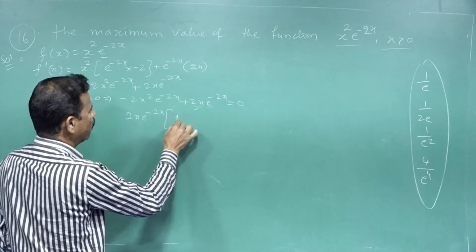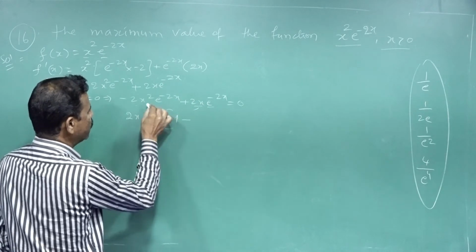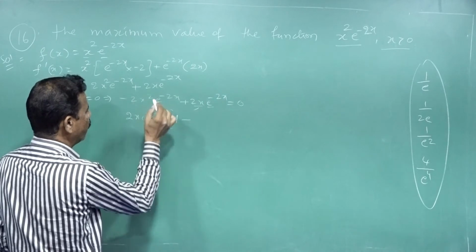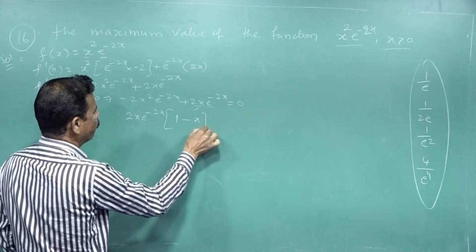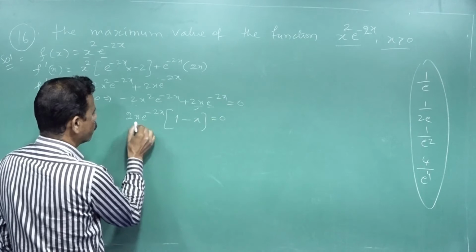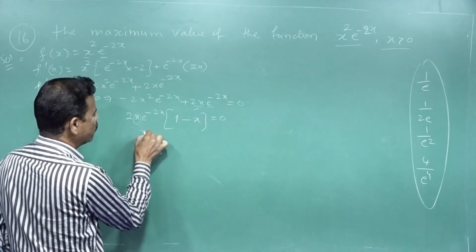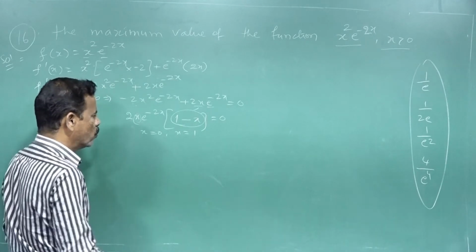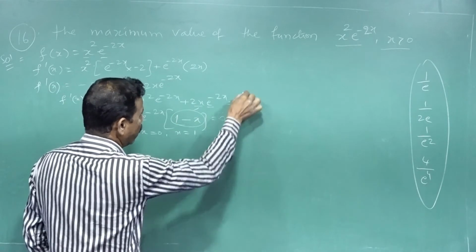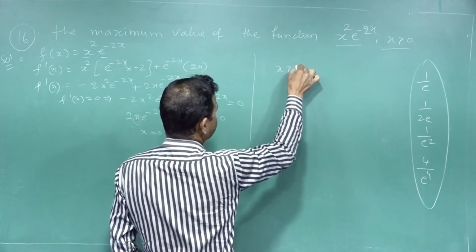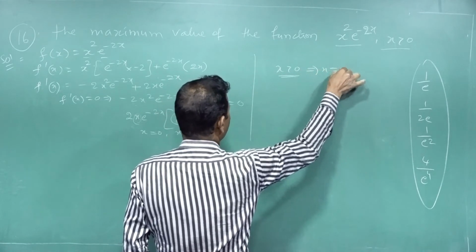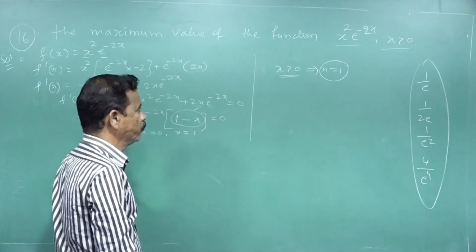So this is 1, this is minus x, only x remaining. So x is equal to 0 and x is equal to 1 from this. So two values. Here x greater than 0 is asked, so x greater than 0 means only x is equal to 1 is possible.